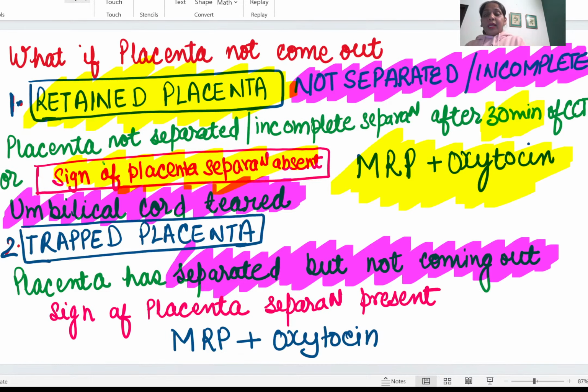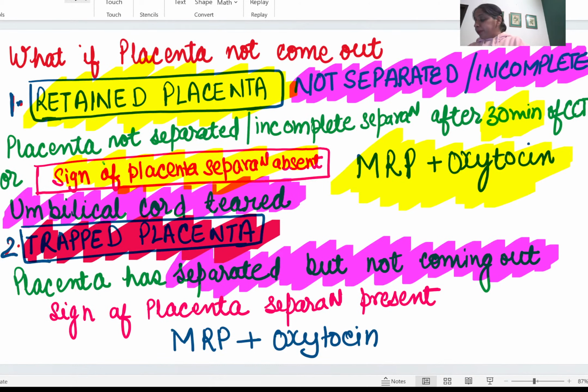Another etiology is trapped placenta. What is trapped placenta and how does it differ from retained placenta? Trapped placenta is when the placenta has separated, but it is not coming out of the cervix, not coming into the vagina.